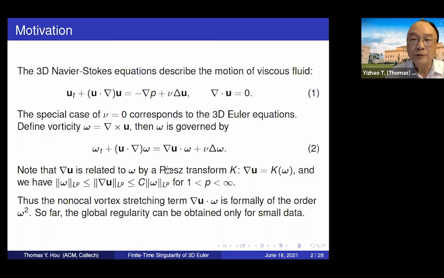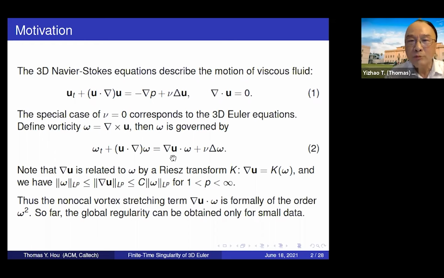And gradient U is a Riesz transform, a Riesz operator of degree 0. So you can bound gradient U from above and below by the vorticity in L^p norm for any p greater than 1 and less than infinity. So formally, this scales like an omega squared nonlinearity, but because it's a non-local operator, they don't exactly align to make this nonlinearity scale like omega squared.